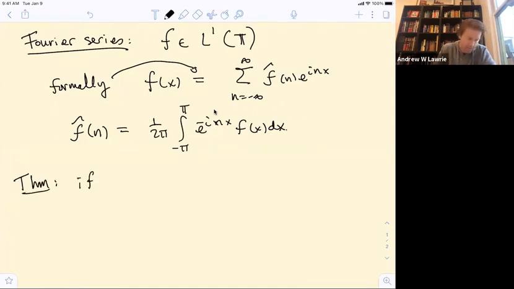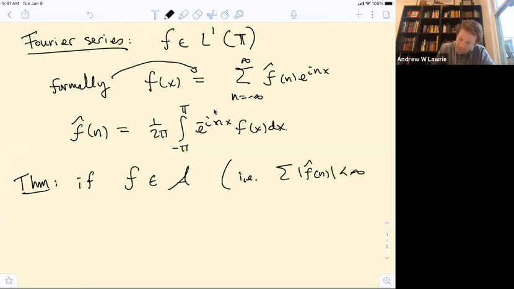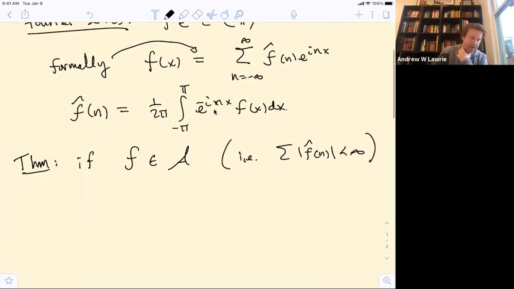If f was in script A, which was a set with absolutely convergent Fourier coefficients, then we had uniform convergence, right? Then we can recover f from its Fourier coefficients.